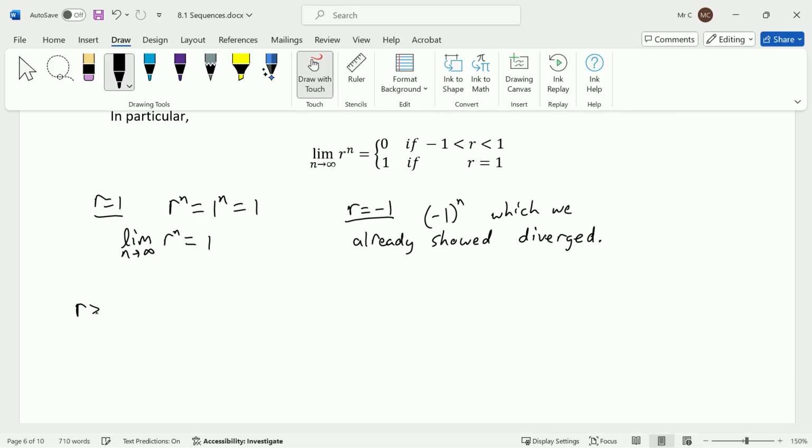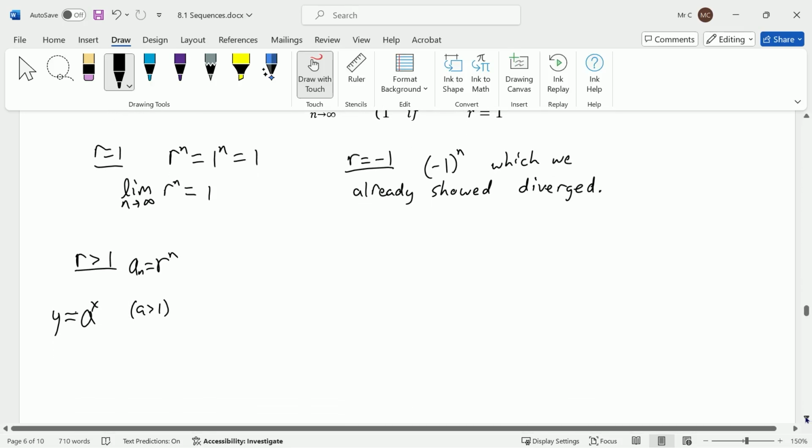So if r was greater than 1, then I'm looking at r to the nth power, and I can think about the exponential function y equals a to the x power, where a is greater than 1.